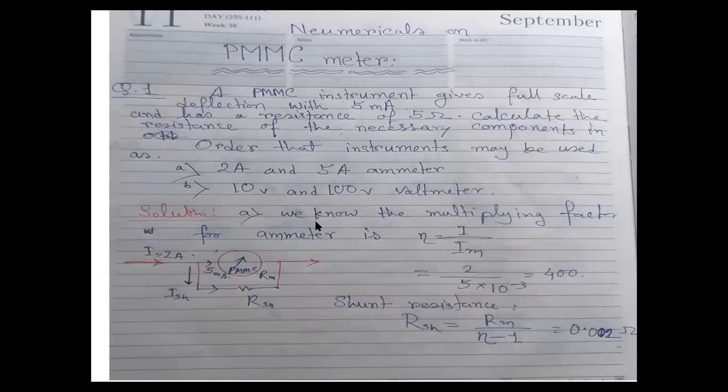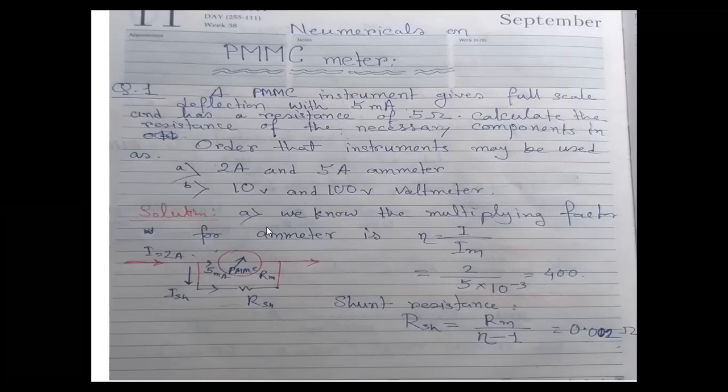Say a PMMC can be used as an ammeter, then we need to calculate the shunt resistance, and this PMMC can also be used as a voltmeter. Then we have to calculate the series resistance. This is called multiplier resistance. Sometimes they call this our lower range and this our higher range. So for different ranges, we have to select this type of shunt or series resistance.